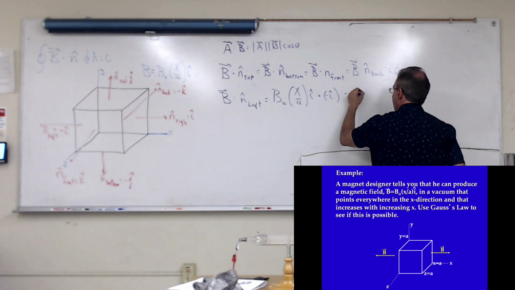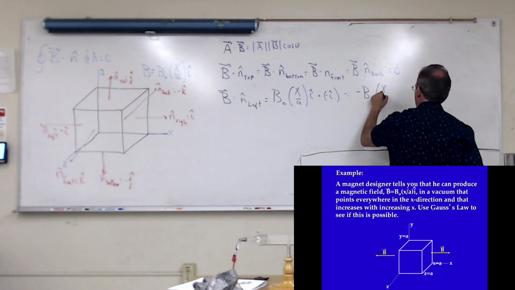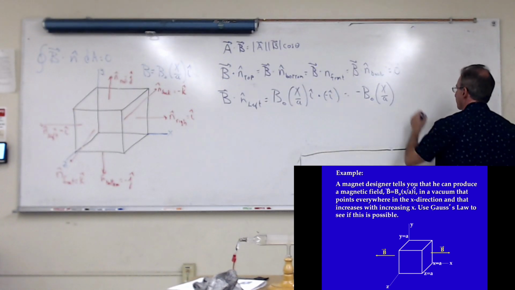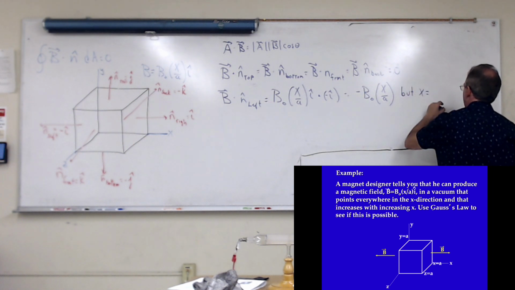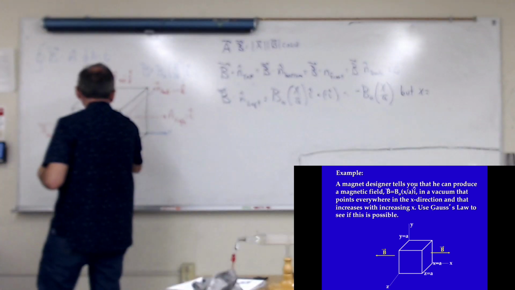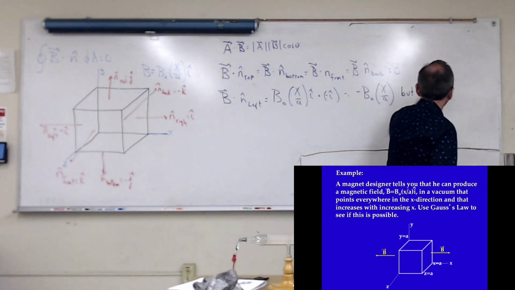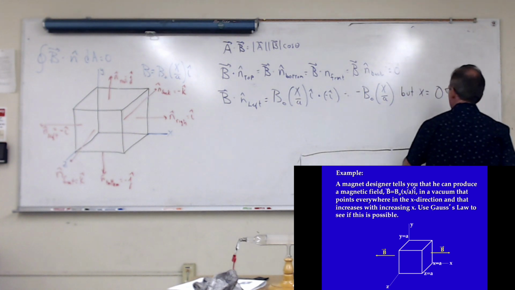Negative 1. But what is x on the left surface? It's 0. So it becomes 0. So overall, this is equal to 0.